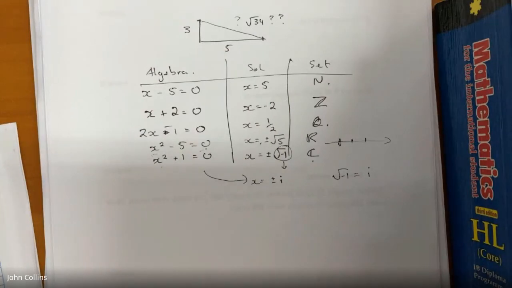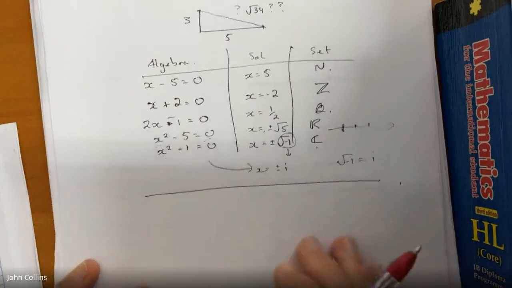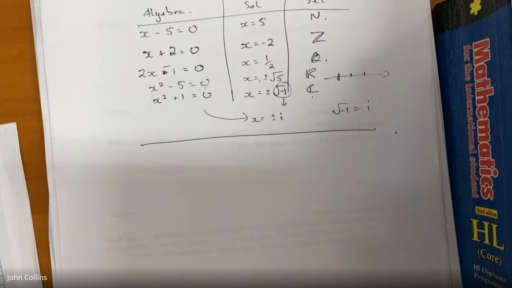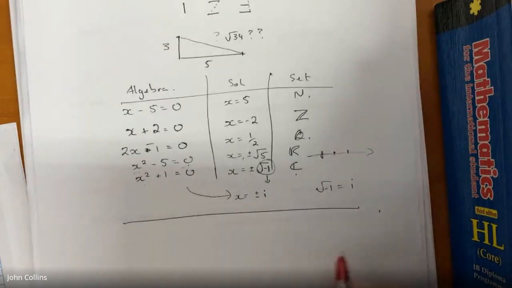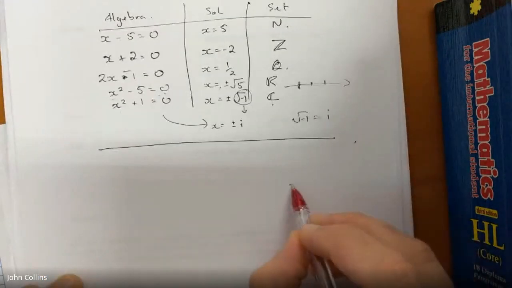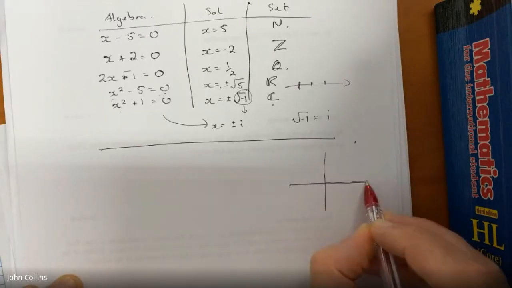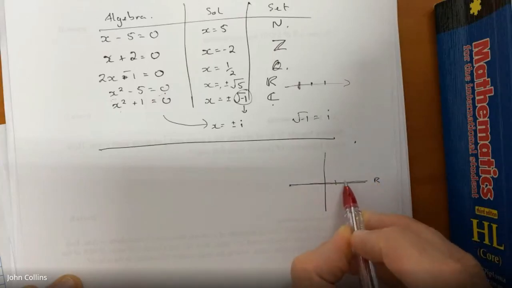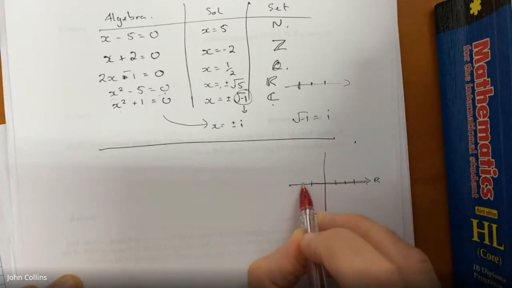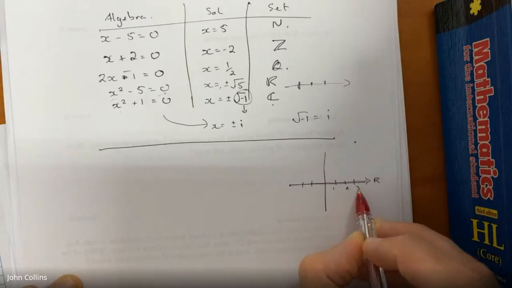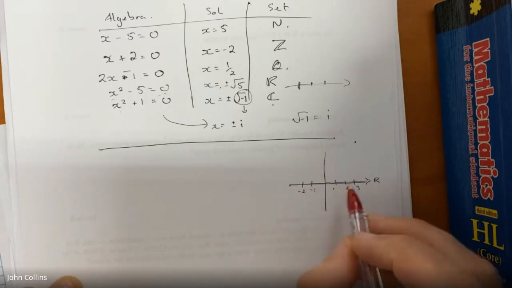All right, so let's have a little look at how we deal with complex numbers and what they look like. Perhaps you've come across something called an Argand diagram, where we have a real number line here. That's our normal number line from year 7, just 1, 2, 3, -1, -2, and that's the one I currently use with my year 7s.